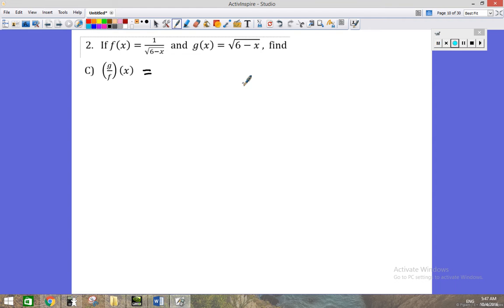The notation simply means to take g of x and divide it by f of x. So by substitution, I can replace this g of x with its equation, the square root of 6 minus x. And in the denominator, we get a fraction, so we have another complex fraction.